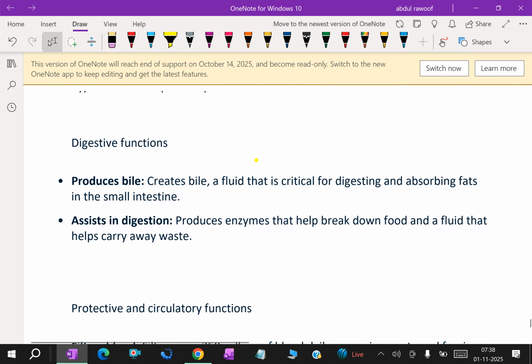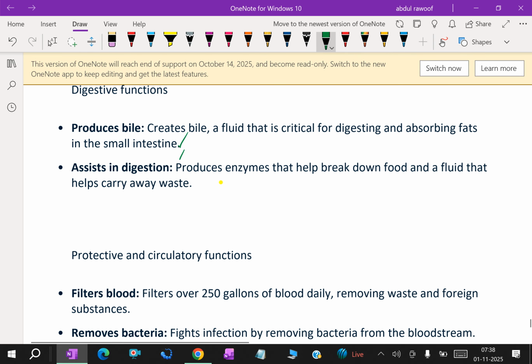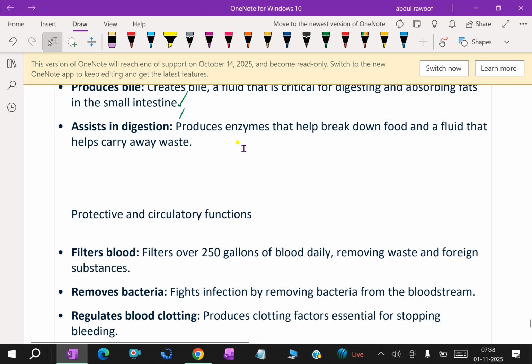Digestive functions: produces bile, a fluid that is critical for digesting and absorbing fats in the small intestine. Assists in digestion, produces enzymes that help break down food and a fluid that helps carry away waste.